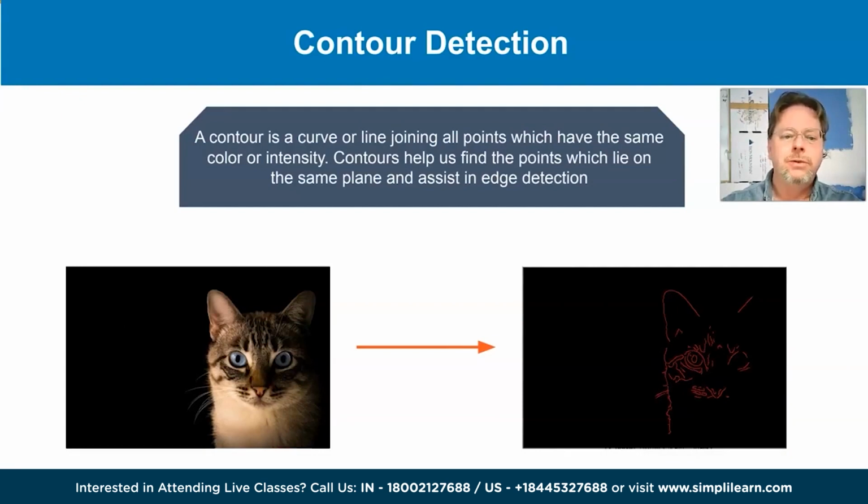Contours help us find the points which lie in the same plane and assist in edge detection. And you can see here we've taken the cat and done a contour detection, and it kind of makes it look almost like someone stenciled it in there. So it's kind of cool, little Zen art going on there. This is how the computer might, using contour detection, see the cat on the black background.